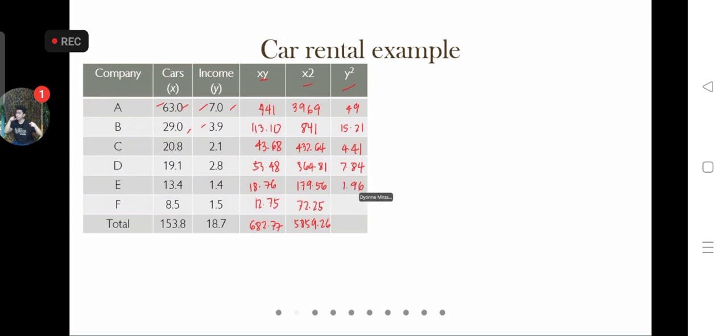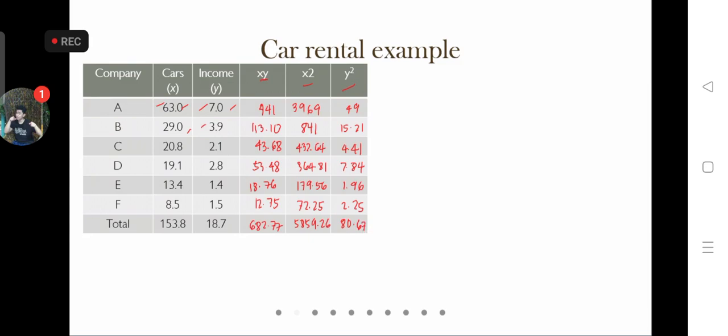And the last, 1.5 squared is 2.25. So what is the total for Y squared? 80.67. So we already have our summations.